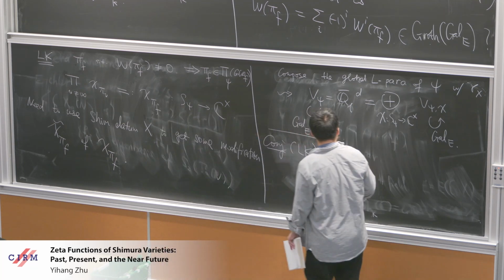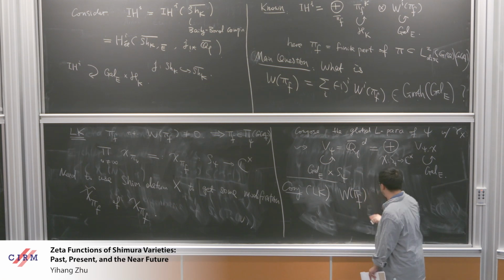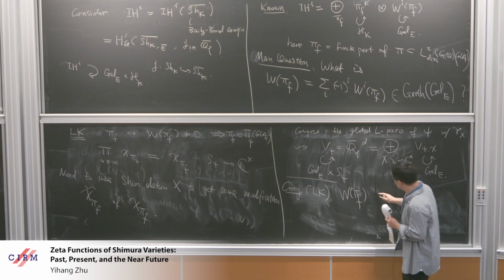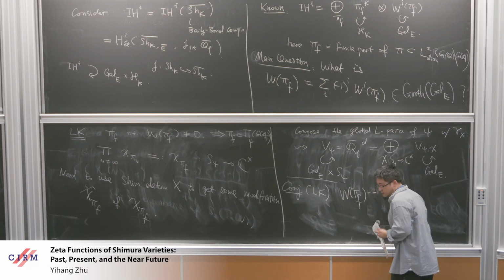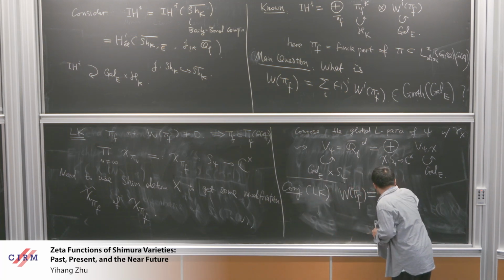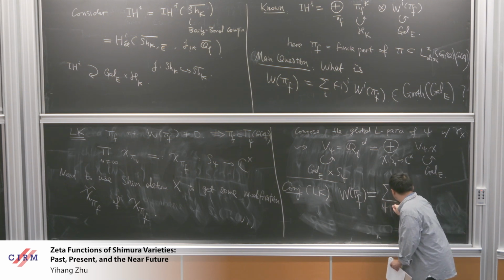Right, so the π_f-isotypic part in the intersection cohomology as a Galois representation is equal to the following. Take the sum over all possible ψ such that your π_f appears in the global A-packet Π_ψ(G(A_F)).